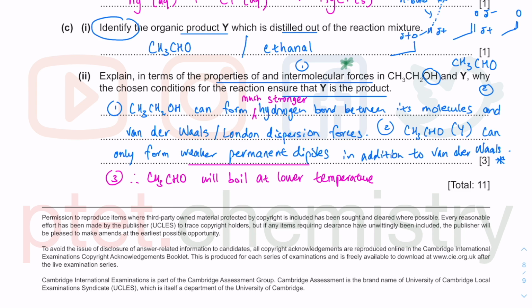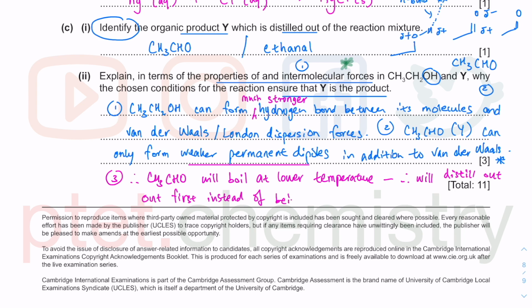So CH3CHO will require lower energy to break the intermolecular forces. They will boil at lower temperature, therefore will distill out first, because the one with the lower boiling point will vaporize first, and once it vaporizes, it will get condensed out from the condenser, the sideway condenser. It will distill out first instead of the alcohol.